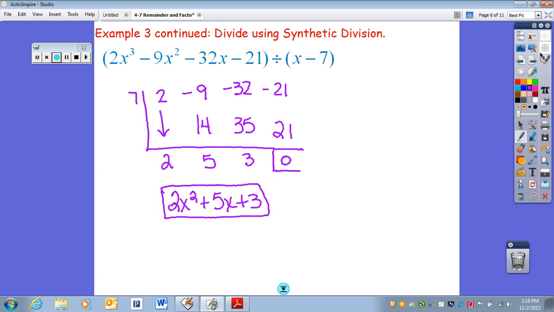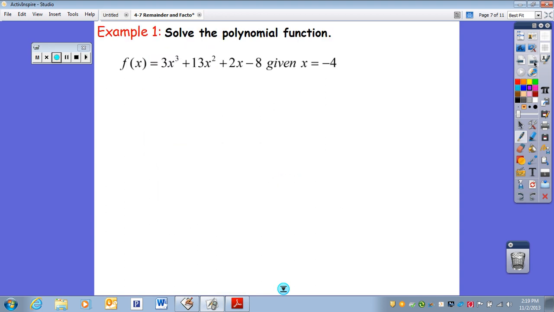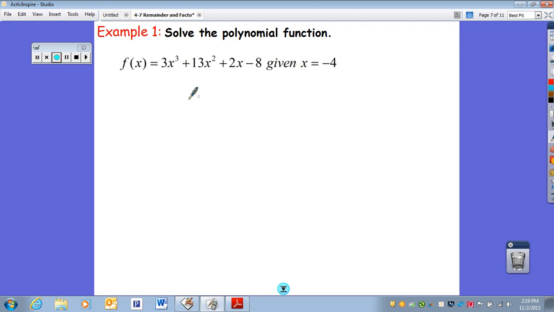Now, we can also use synthetic division to find all of our solutions when we're solving our polynomial. So, we're going to start with our synthetic division. We're going to use x is equal to negative 4 as one of our solutions, and it's our job to find the others. So we list our coefficients, 3, 13, 2, and negative 8.